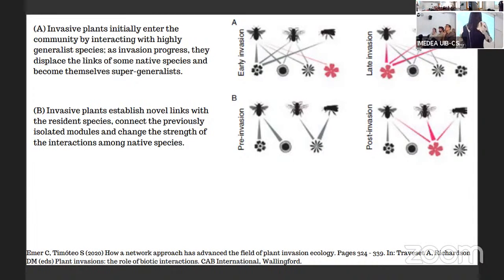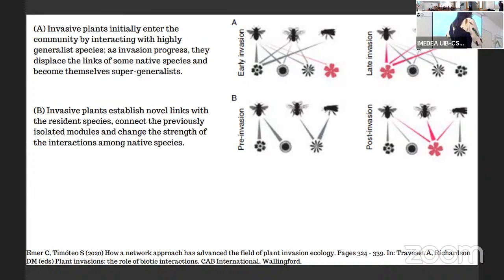Here we have another type of situation, the pre-invasion situation, so we don't have any invasive plant here. We have two groups of species that interact mostly among themselves.